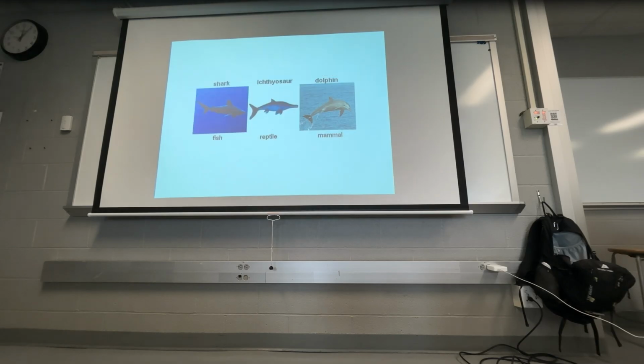Same happens with fins. So you have a shark here, an extinct reptile called Ichthyosaurus, and then the dolphin. All of those are very distantly related groups that don't share common ancestry. And they all have fins because the aquatic environment shapes limbs into fins so that they can swim. If you look at the internal structure of these, they would look very different from one another as far as what the fin looks like.